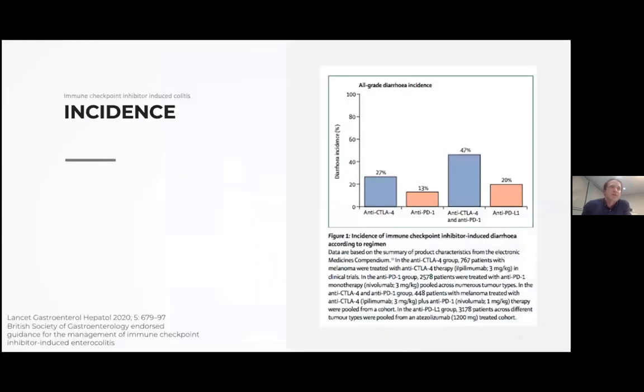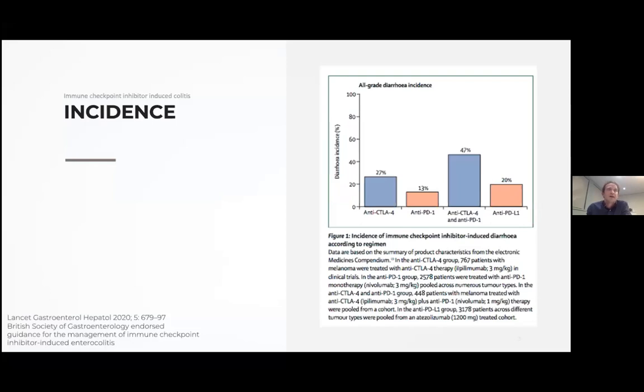In terms of diarrhea and colitis, which is distinguished in terms of how we look at it and how we potentially respond to it, the reason we may be consulted as gastroenterologists is that diarrhea is very common as an immune-related adverse event.